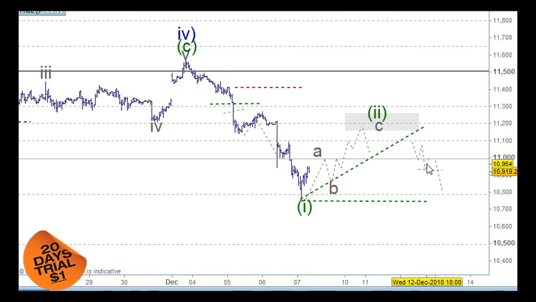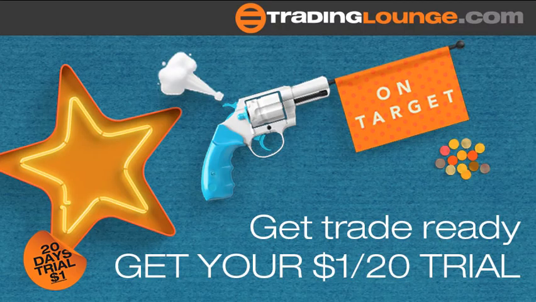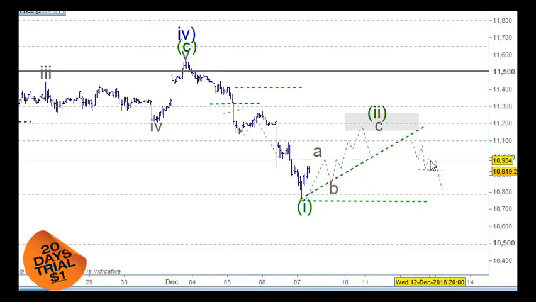I have to say that little move up through here should be on lower volume than the previous downtrend. And if that is on lower volume, then you know it's corrective, because corrective patterns are on lower volume.